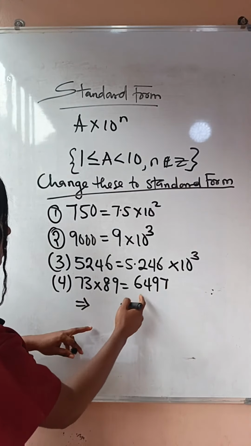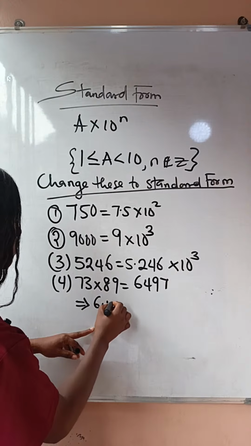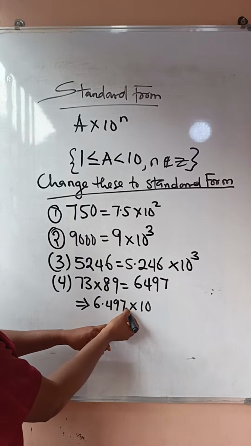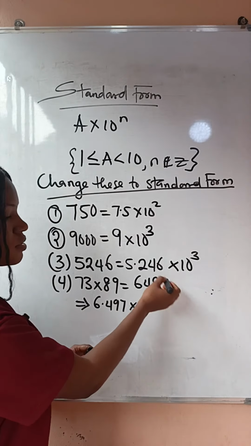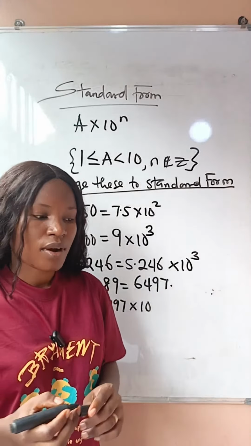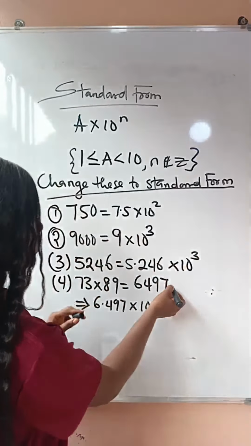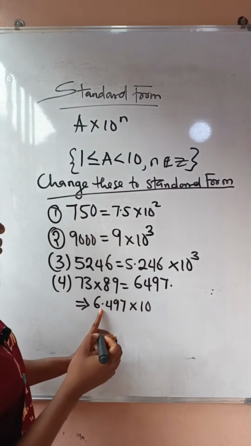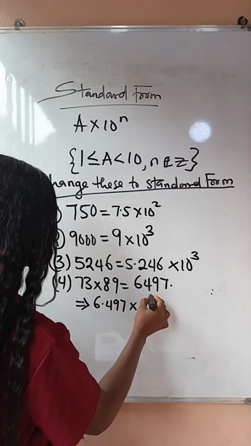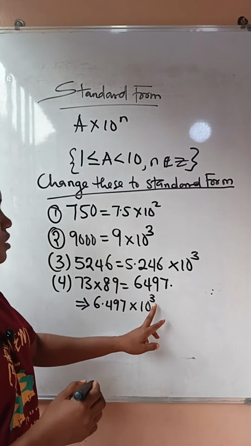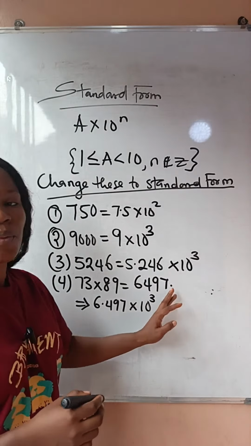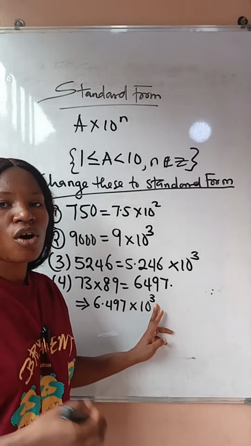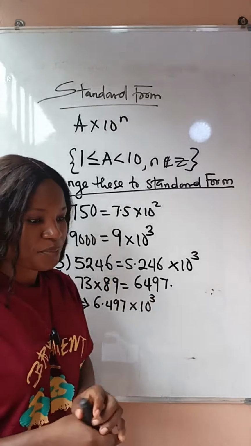So this implies that we'll have 6.497 times 10 to the power of, now, originally, our decimal point is at the end because this is a whole number, right? Now, if we take the decimal point 1, 2, 3, backwards 3 times, we are going to get to 6.497. So our 10 should be 10 to the power of 3. And it is positive 3 because we shifted our decimal point to the left. So when you do that, the value of your n is 3.